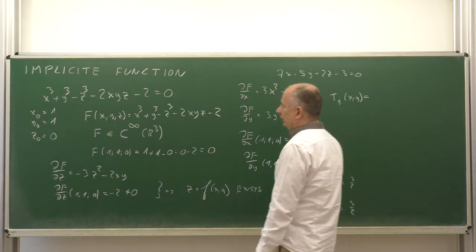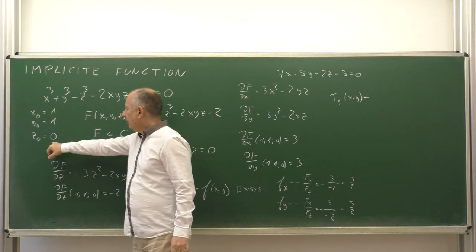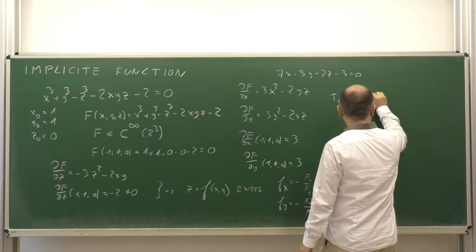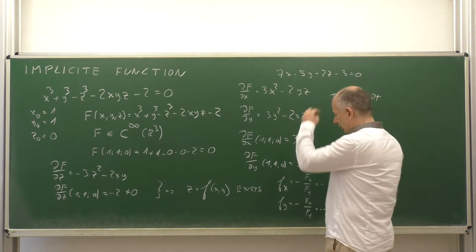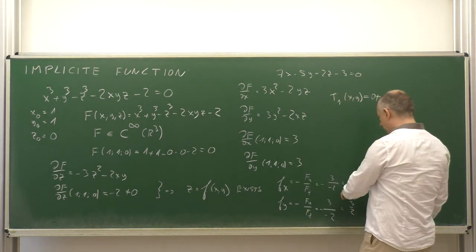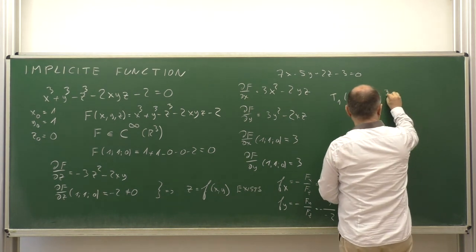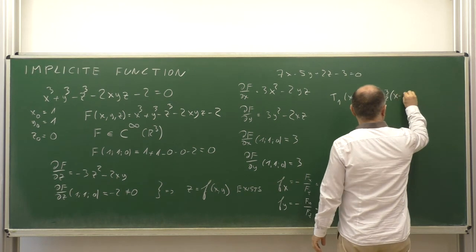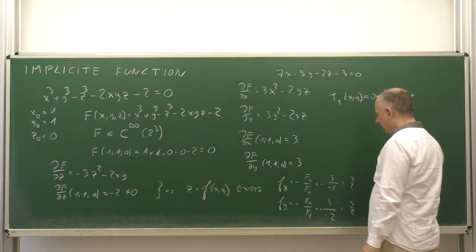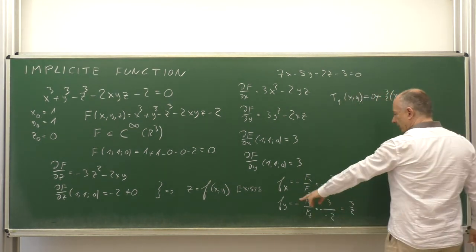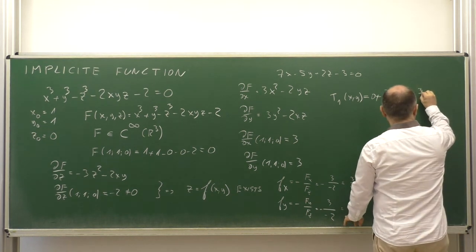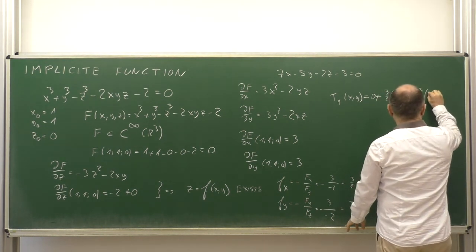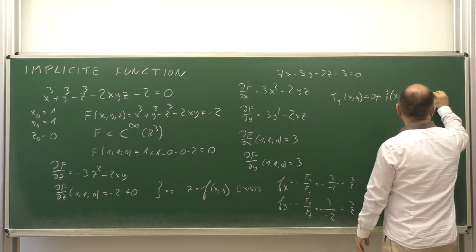So this is the function value, which is the z value, which is 0, plus the derivative with respect to x, which is 3/2, times x minus x0, which is x minus 1, plus f with respect to y, which is again 3/2, times y minus 1.